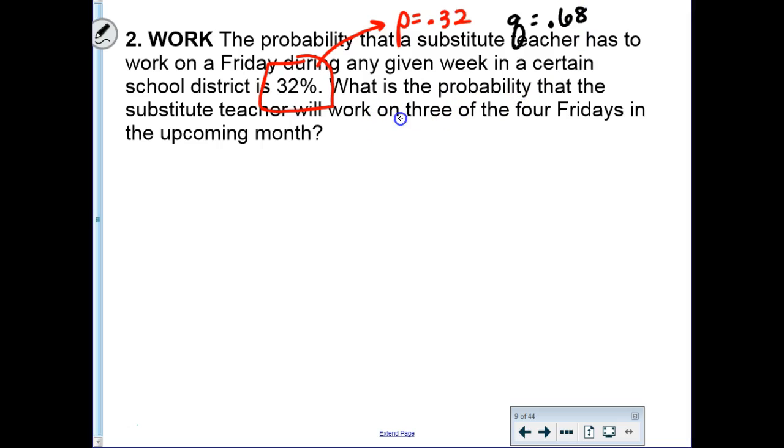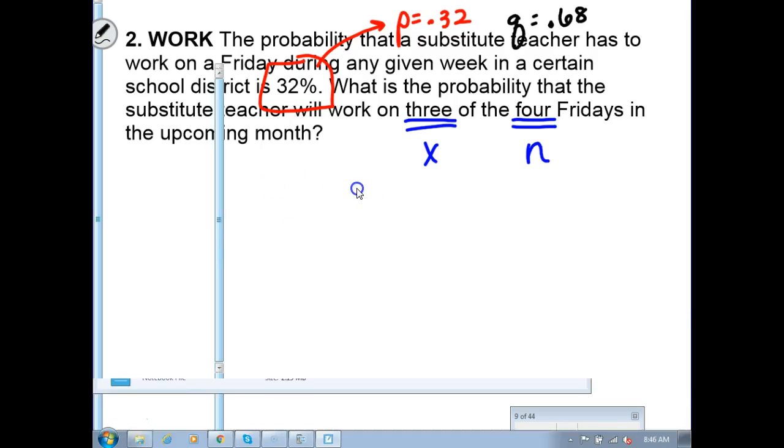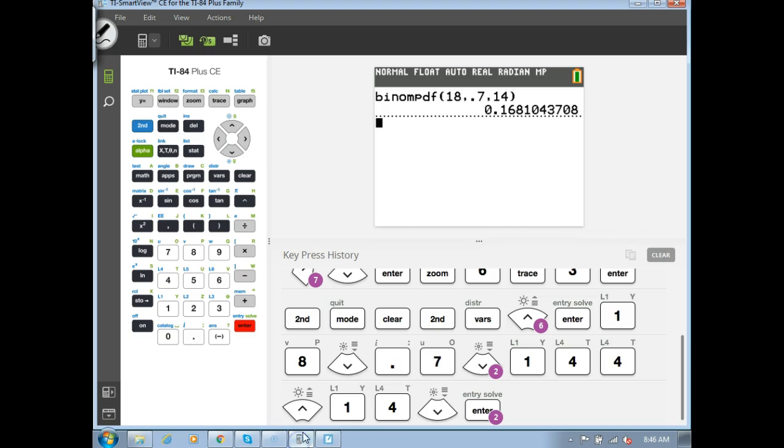What's the probability that he will be called to work on 3 of the 4 Fridays in the upcoming month? So 3 is your X, and 4 is the total number of trials, or the largest outcome. So on my calculator, I'm going to pull up that binomial PDF again.